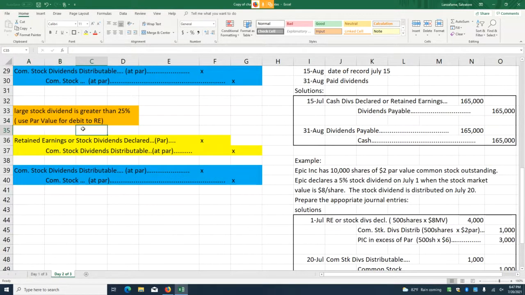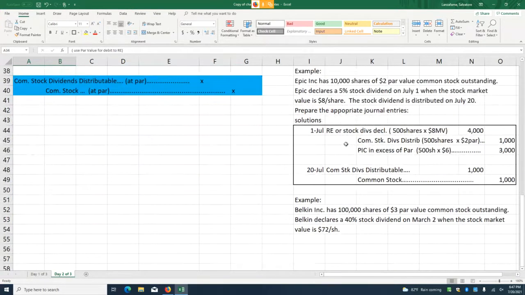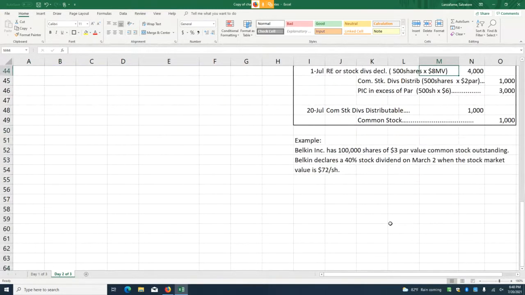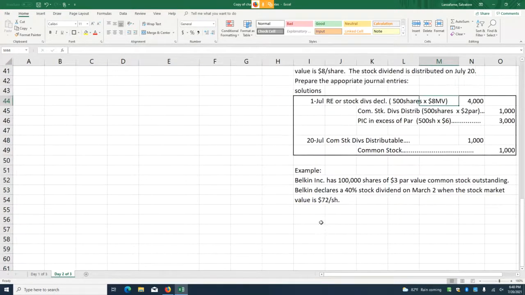Because it's greater than 25%, so it's a 40%, it's large, so you ignore the market and you use par value the whole way. So when we had a small stock dividend, we used the market value to help us figure out the debit. Now we're just going to use the par value only. So from a date perspective, let's see here.